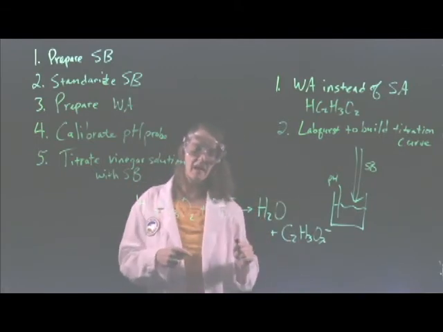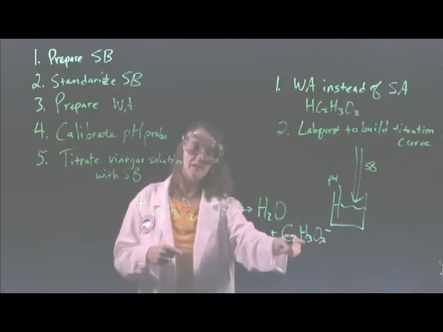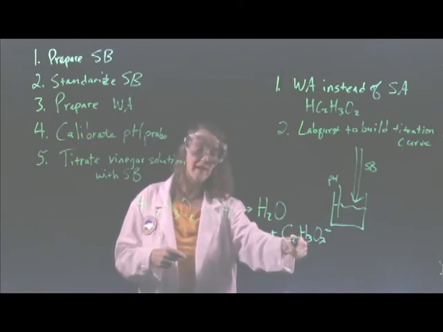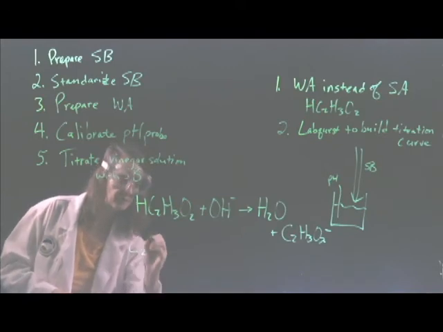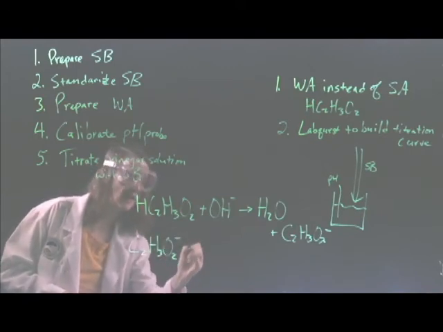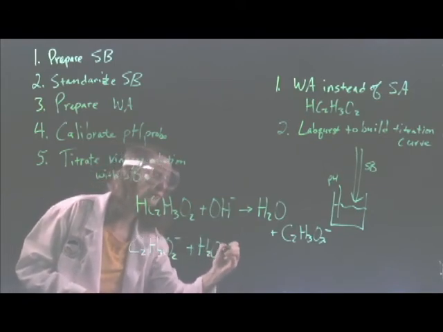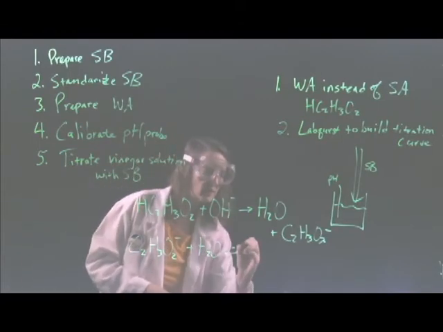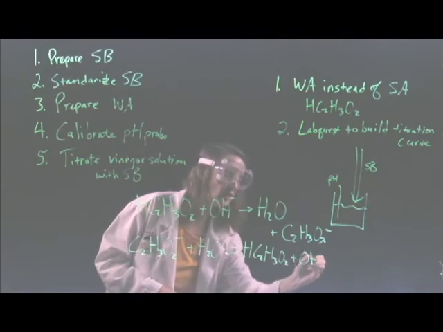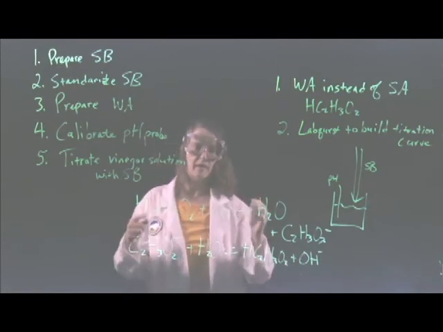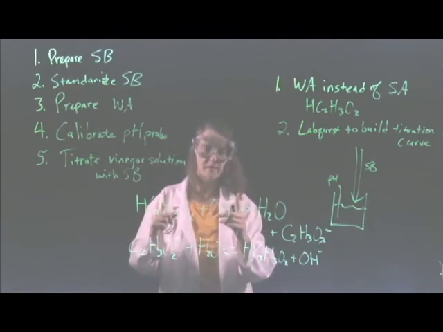It's the acetate ion, which is a weak base. This will set up an equilibrium in water. Right? Acetate ion plus water at equilibrium. We're going to make acetic acid and hydroxide ion.